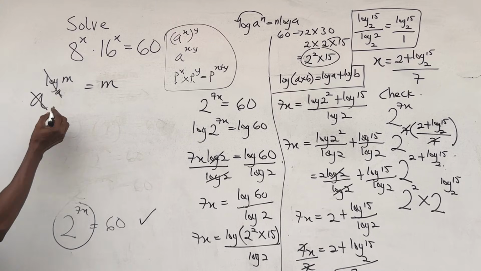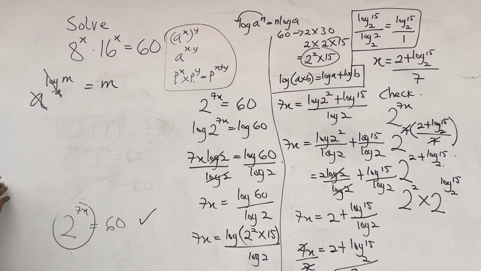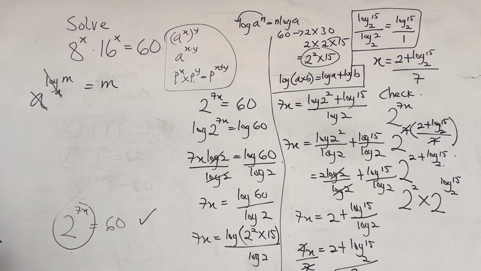Let's see it this way. If the base and the number are the same, you can cancel the log with that a, and then your answer is the argument of the logarithm. So it's not a very popular law. So we're going to apply it here.